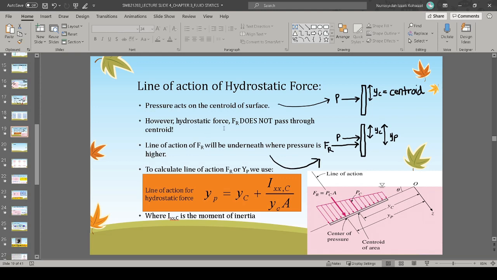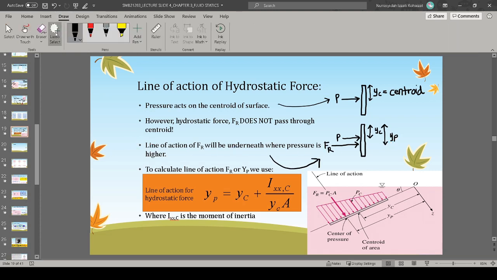However, for hydrostatic force Fr, it does not pass through the centroid. Pressure passes through the centroid YC. Hydrostatic force should be underneath, where pressure is higher. So we are going to denote that with YP.